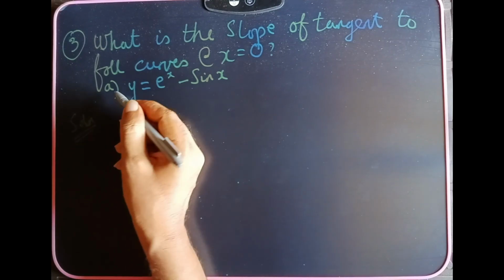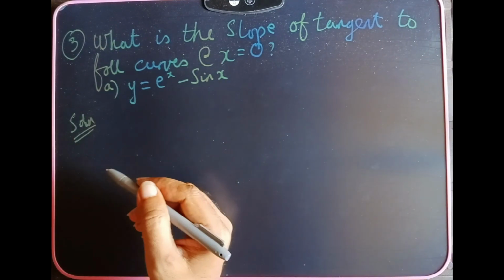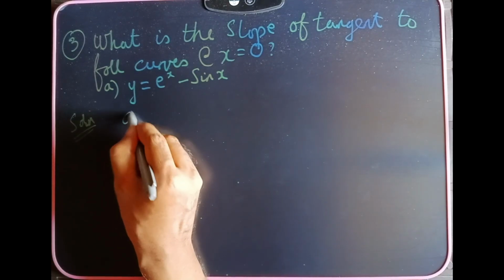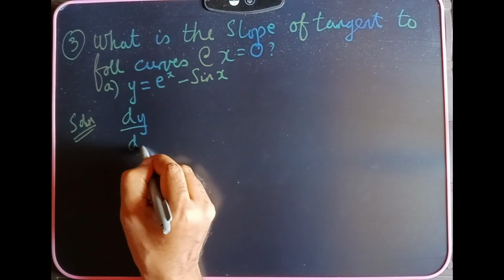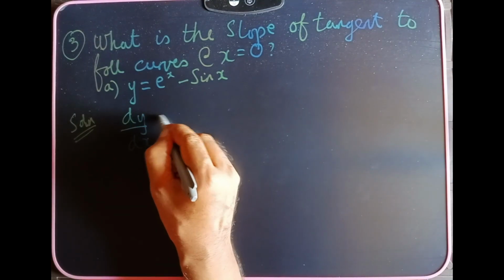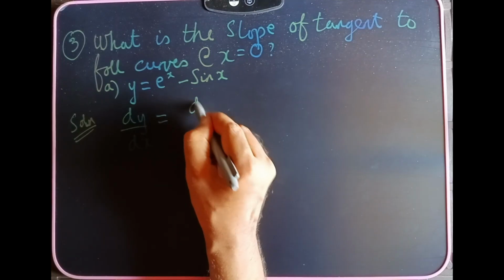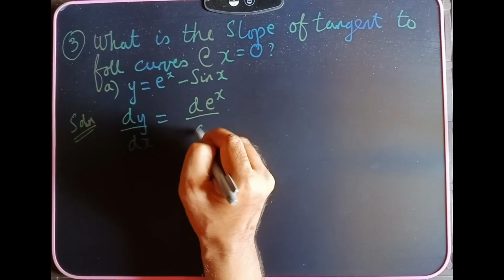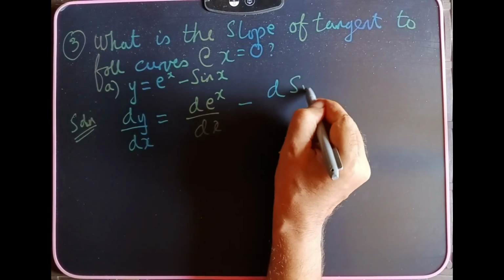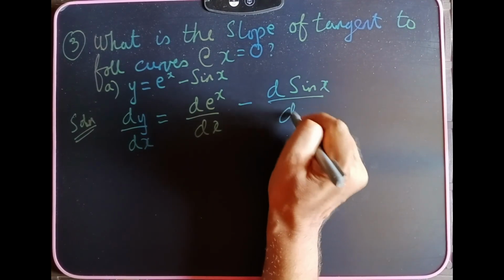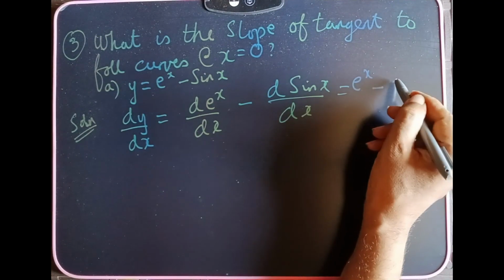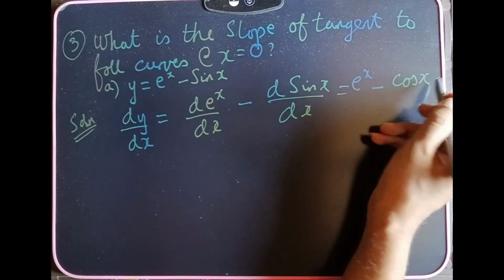I'm going to give another problem for homework. Okay, you can solve it and write it in the comments. So for this one we will solve. So dy by dx, the slope of the tangent, right? So dy by dx is equal to derivative of e raised to power of x divided by dx minus derivative of sine of x divided by dx. This will become e raised to x minus cos x, right?